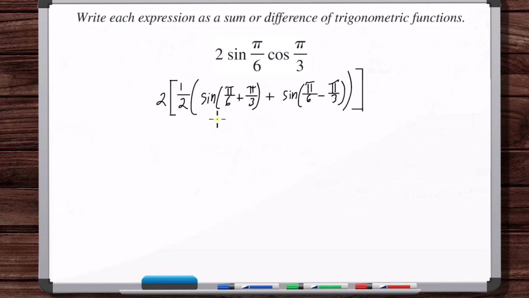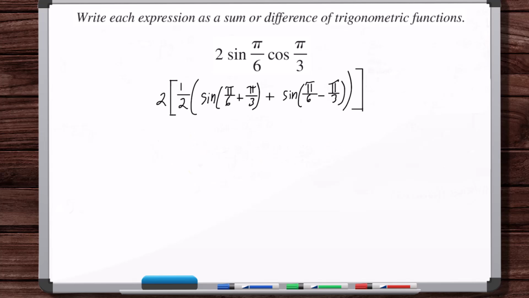So pi over 6 plus pi over 3, that would be 2 pi over 6, is 3 pi over 6. That's pi over 2.